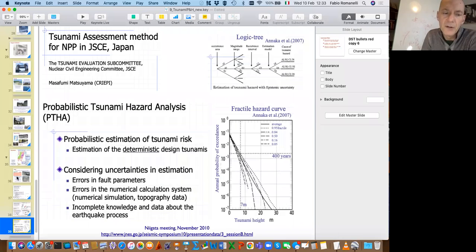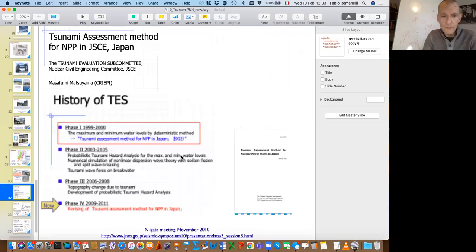But the message here is that Japan spent more than 20 years on tsunami hazard assessment, with all the available advanced methods, at the frontier, probabilistic and deterministic, whatever. And they were also going to refine these approaches. Actually, these slides come from a meeting that occurred in Niigata in November, just a few months before the event.